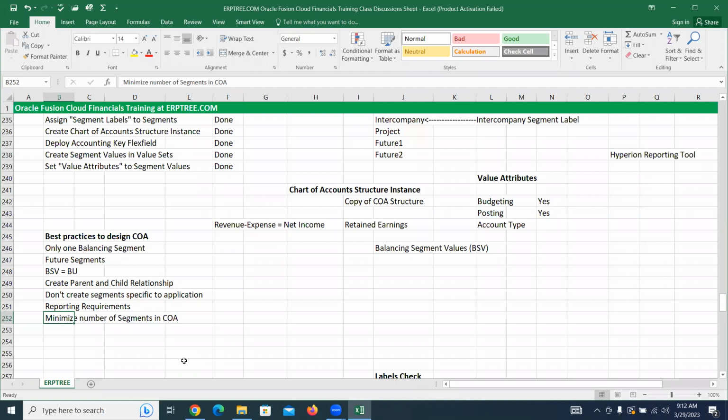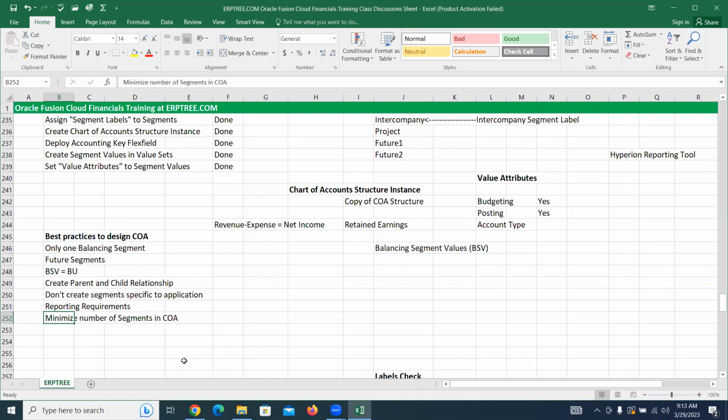Typically, you don't need to create the chart of accounts with too many segments. What data you have to capture across the applications, that you can take as a segment. What data needs to be captured within an application, that application's transaction activities have that capacity.